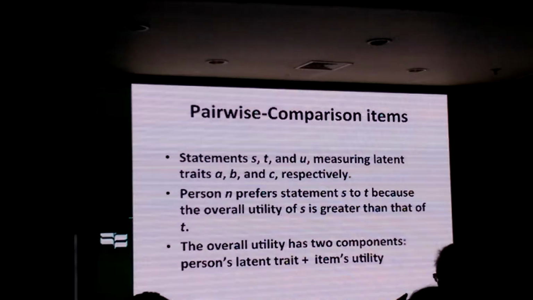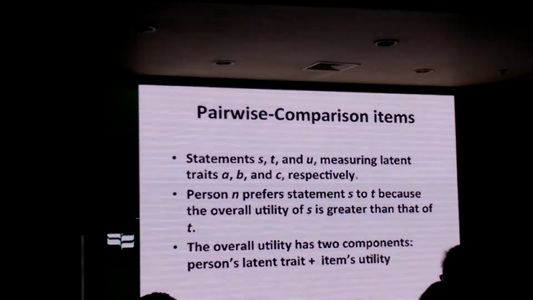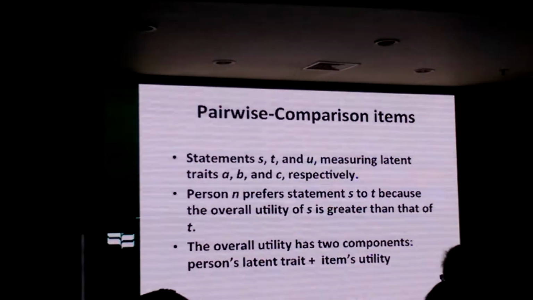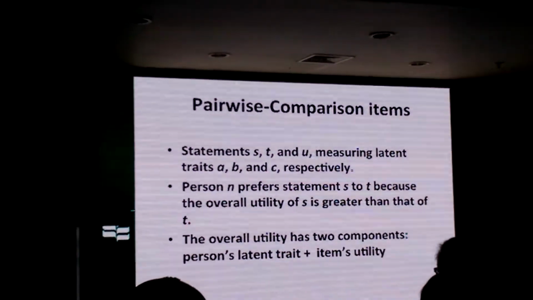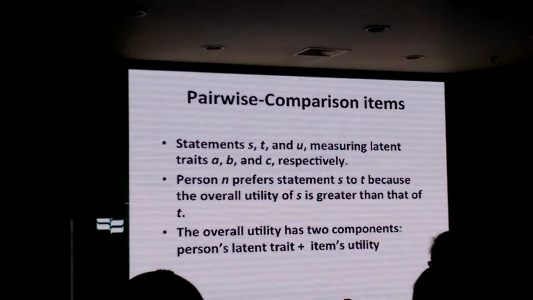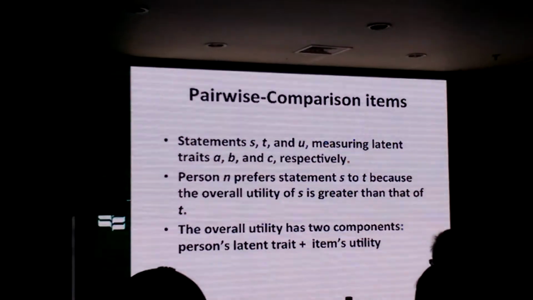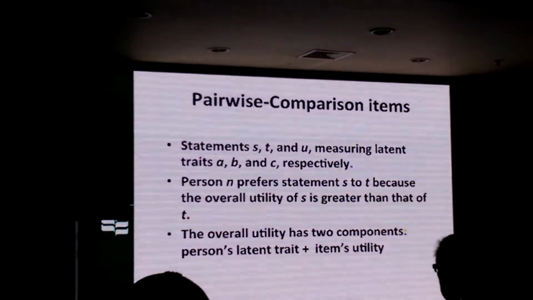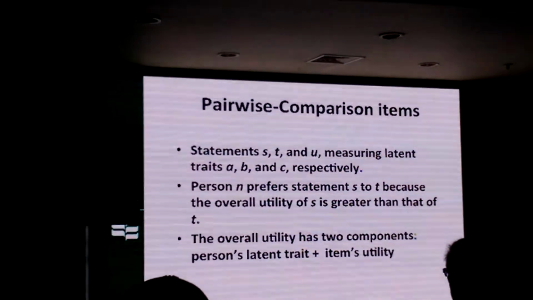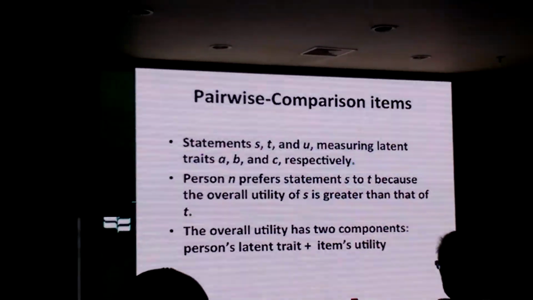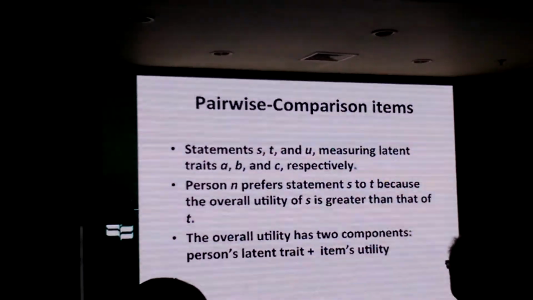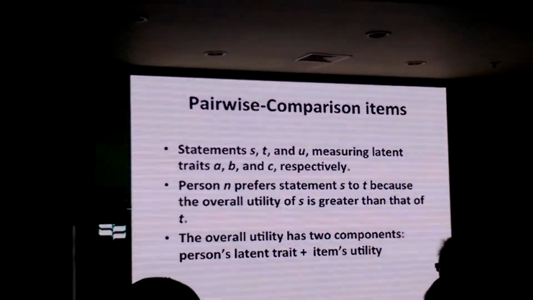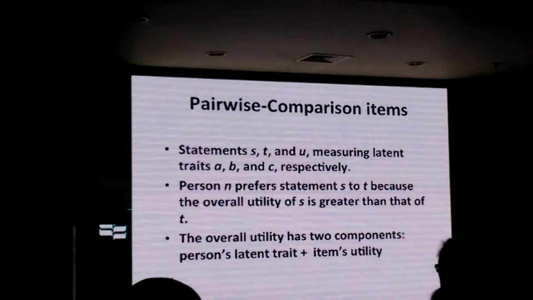Then how can we decompose the overall utility? According to my model, the overall utility has two components. One is the person's latent trait on A, and the other is the item utility. So this is the overall utility of S, and the other will be the overall utility of T.